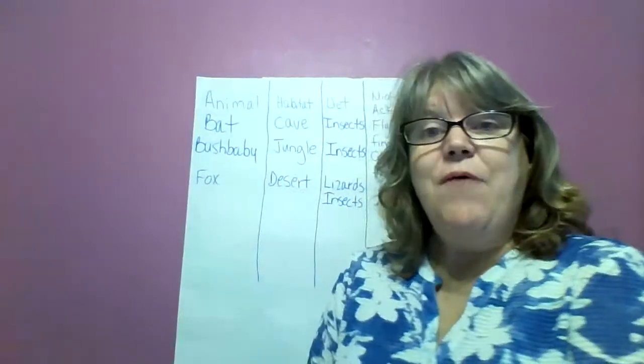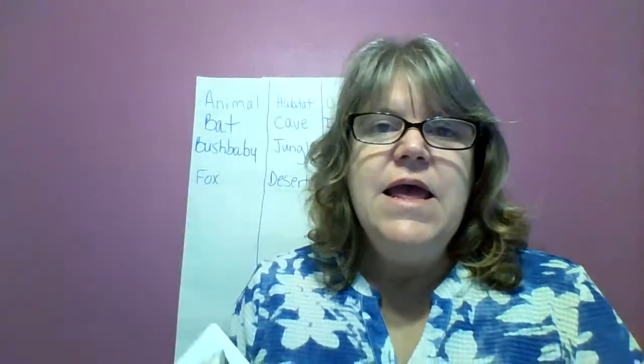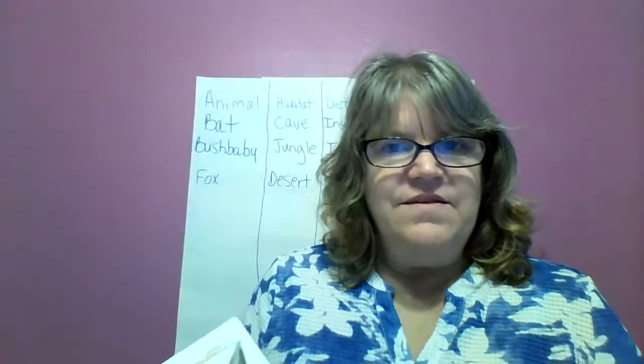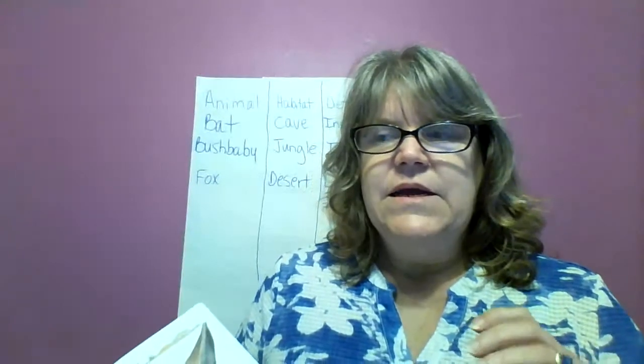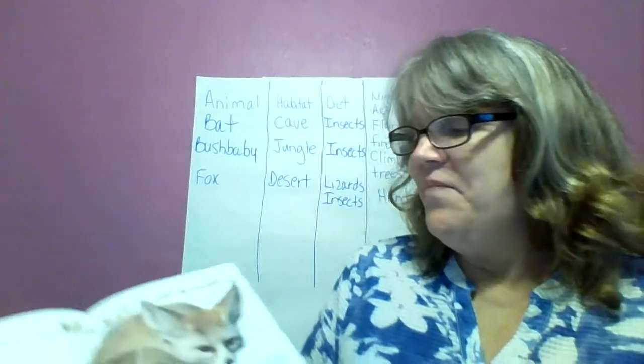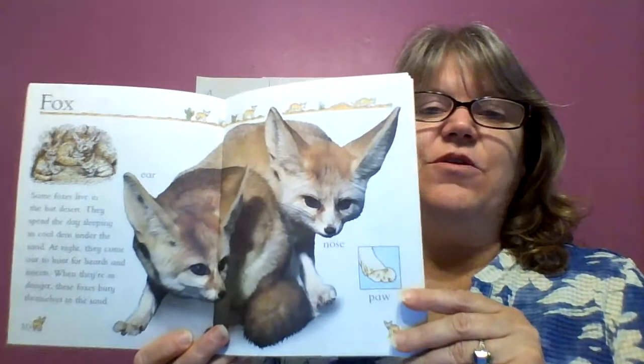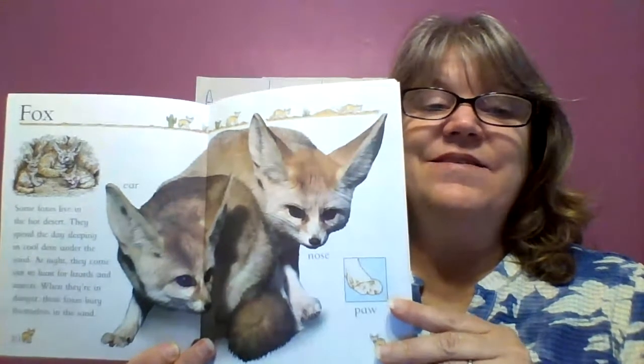Now, I want to point out to you, remember when we first started talking, I talked about reasons why animals might need to change habitats, okay? Well, this says that this particular fox lives in the hot desert. Some of them do.